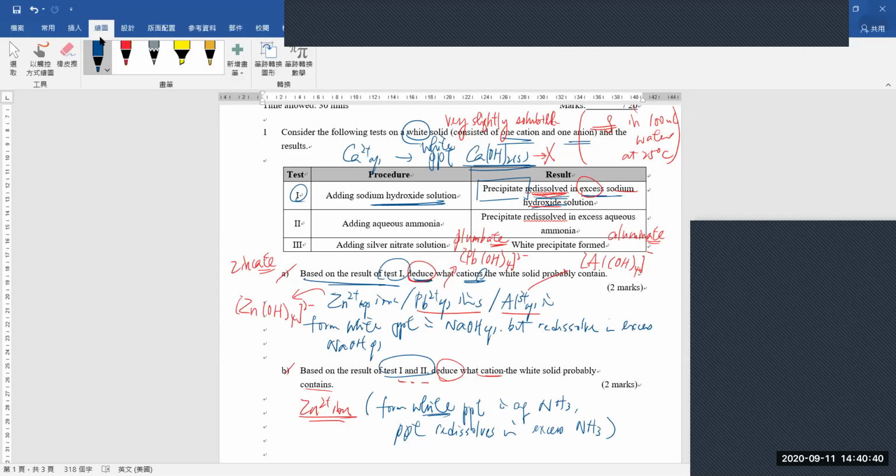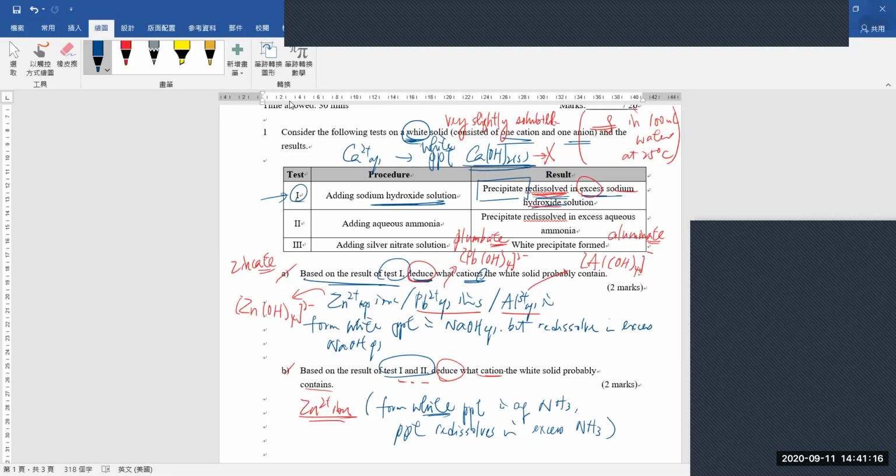You have so many reasons to justify it's not copper 2. First of all, the solid is white. Second, copper 2 ions really can have PPT redissolve in excess ammonia solution, but once they form a PPT in NaOH, that PPT remains undissolved when you put in excess. Take a look at A.